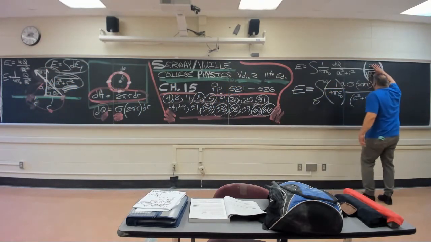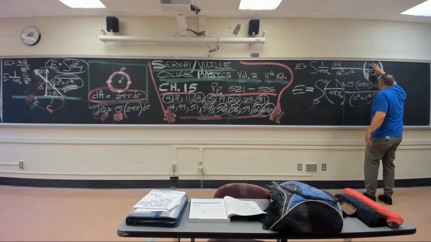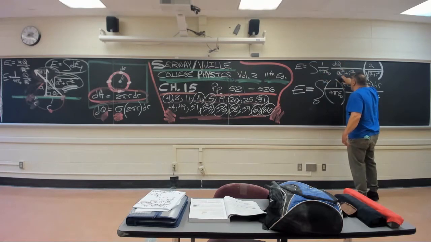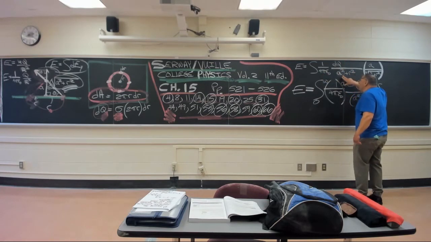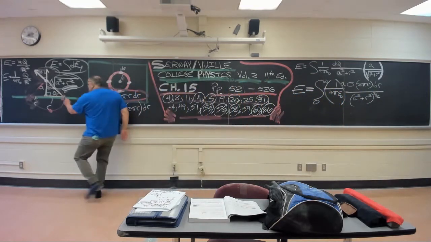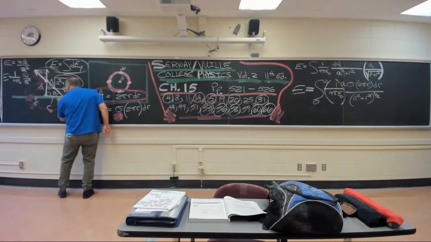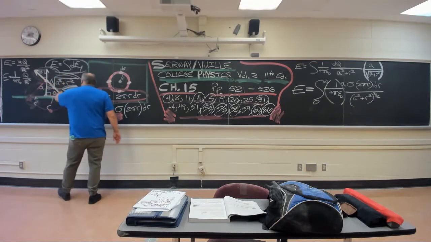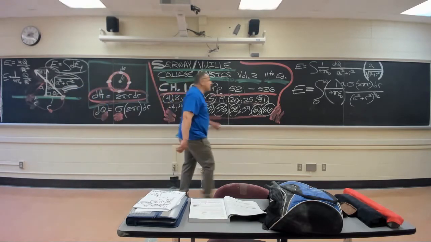The sine of theta times 1 over 4 pi epsilon naught dq over the hypotenuse squared, because this is the length, this is the differential element of the differential element, right? I mean, the differential of the differential, if you allow me to say it. This to here is the square root of the sum, a squared plus r squared.